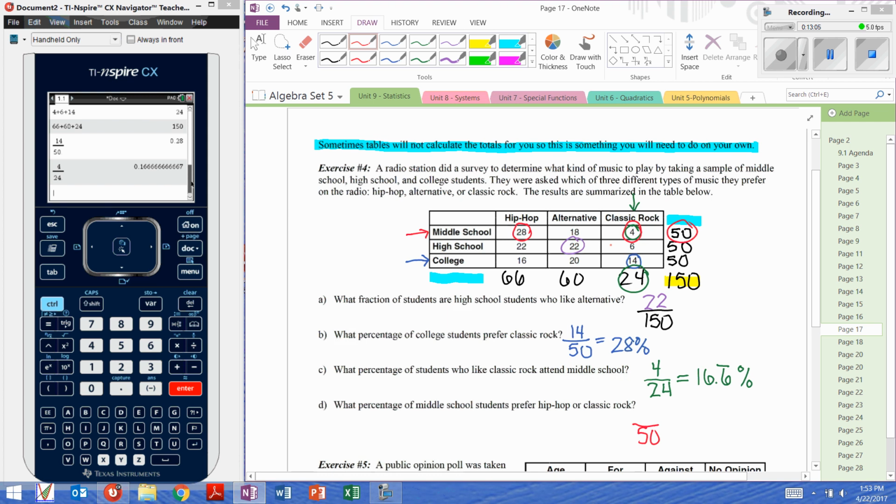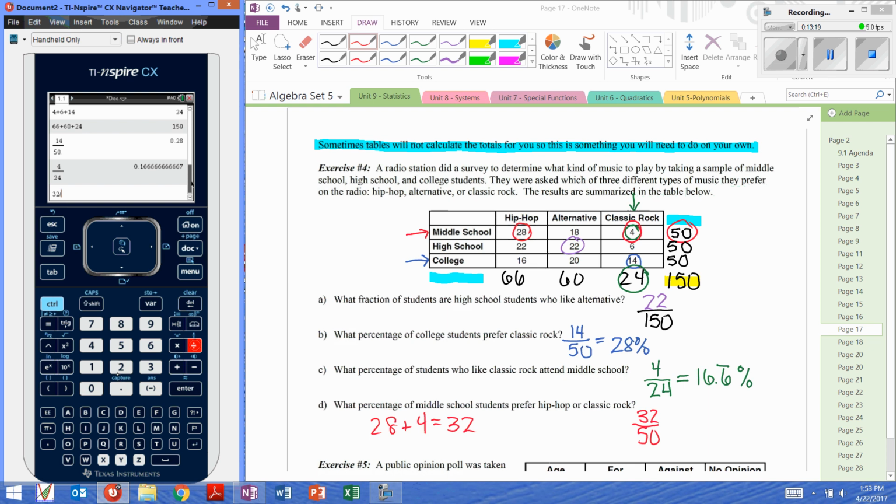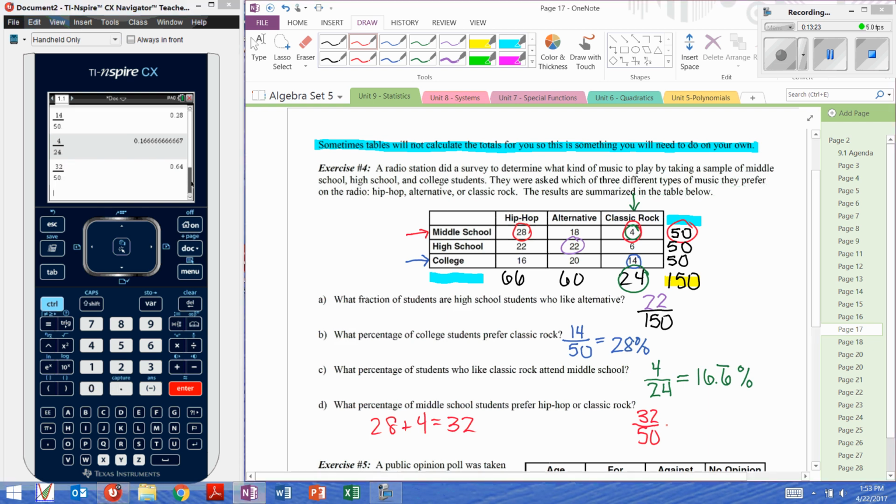So what we'll just do is group those two together. So 28 plus 4, that is leaving us with 32. So again, percent, 32 out of 50 is exactly 64%.